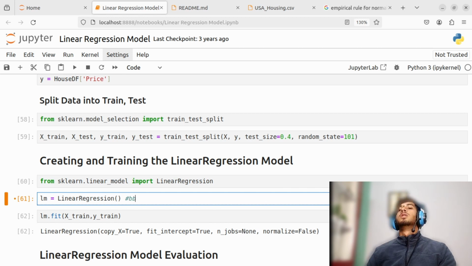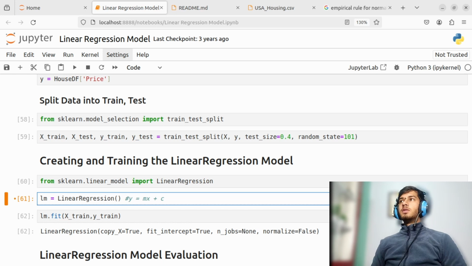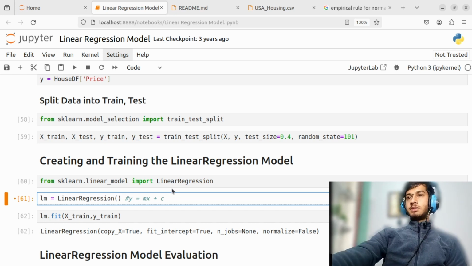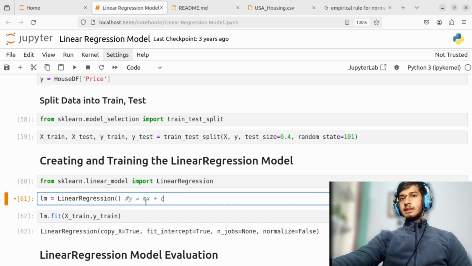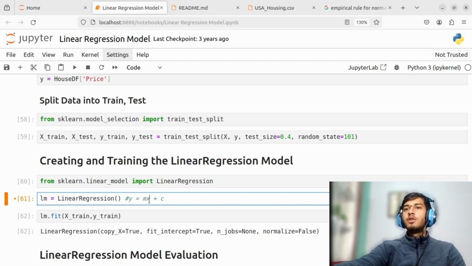We have an equation here, the linear equation, that is y is equal to mx plus c. We will see exactly how this equation works when we look at the linear regression model. In this equation, the value of x is your features.